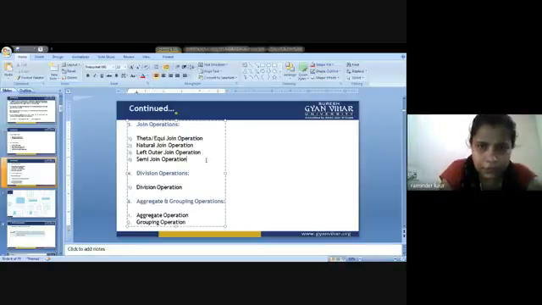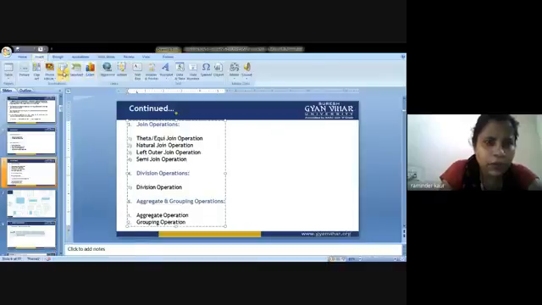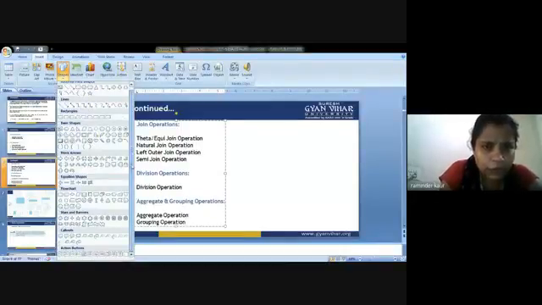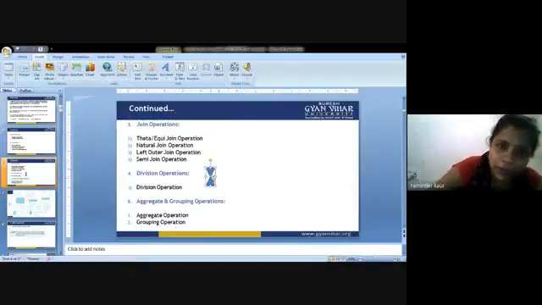It could be represented like... just wait, I am finding the shapes. I could not find the relational algebra shapes here. Okay, I found one. This one, but you can tilt it.